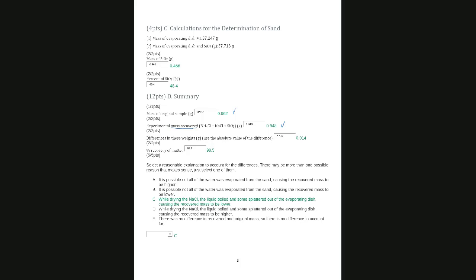How do we calculate the percent recovery? The percent recovery is going to be this total mass, which is 0.948, times 100, divided by what number? Who can tell me?